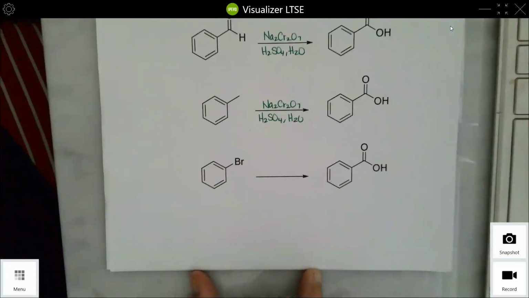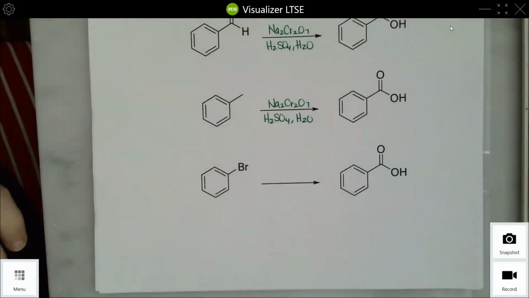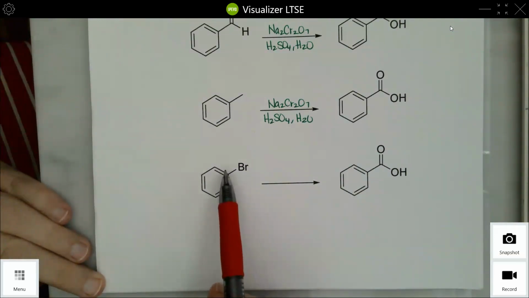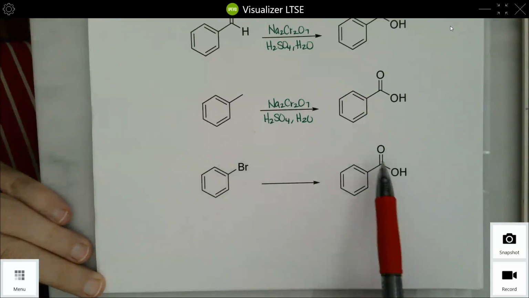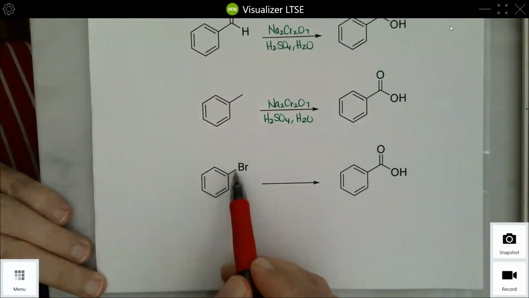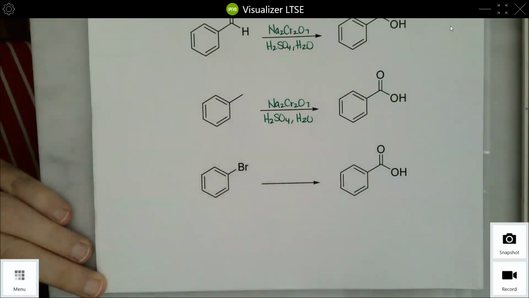And then lastly here, we have another reaction which is going to add a carbon. So notice we only have the 6 carbons in the ring, and now we have 7 because we've added this carbon. So we need to do something where we add a carbon. Because the bromine is attached to an sp2 hybridized carbon, we have to use a Grignard.